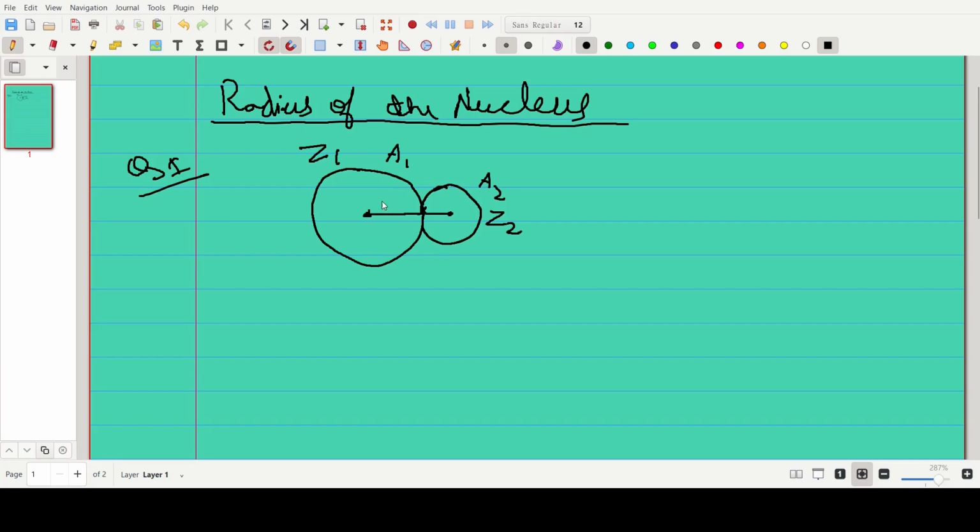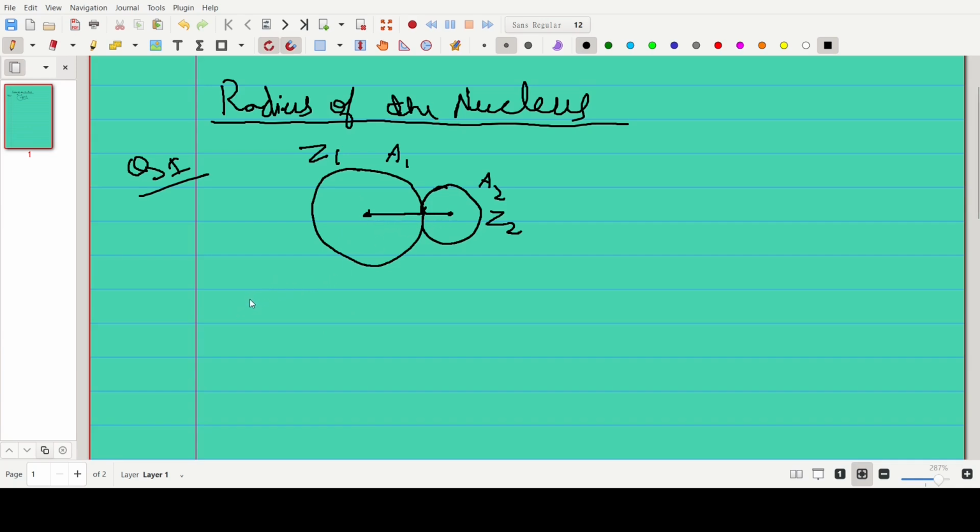This is an assumption people make in such a problem, and then you can think that all the positive charge is concentrated at the center. So we need to first calculate the distance between these two centers.